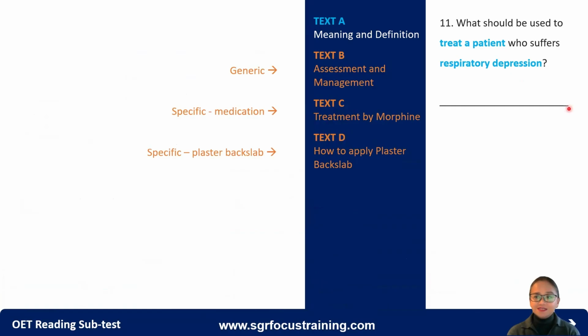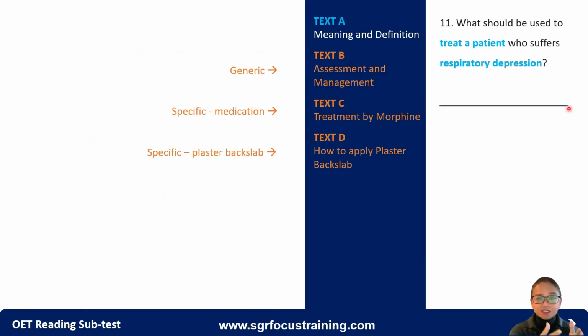Now, between these three, if your patient has respiratory depression, we don't actually do the plaster backslab. We tend to give a generic treatment or the morphine treatment. So I would suggest you look into B and C first. So unfortunately, unless you remember the information given earlier in the text, you might have to look at two.